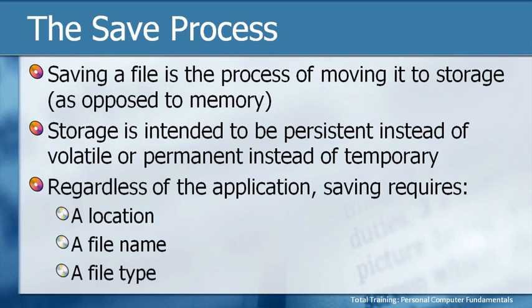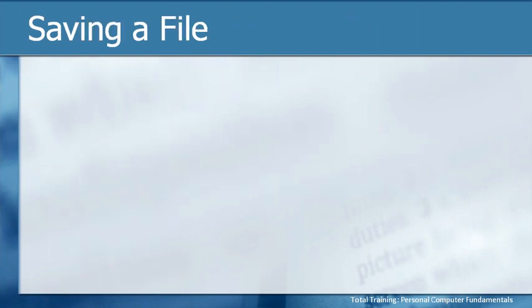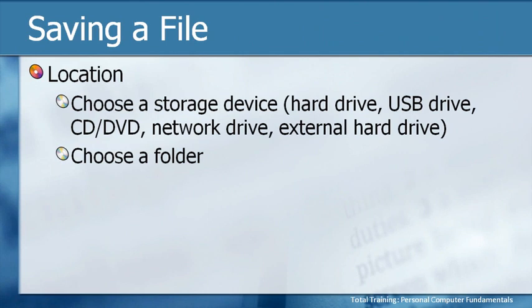Regardless of the application, saving always requires three basic things: a location to which you're going to save, a file name for the specific file, and a file type. When you choose a location, you're going to choose a storage device. Now this could be the hard drive inside the CPU. It could be a USB drive that you put into a USB port on your computer.